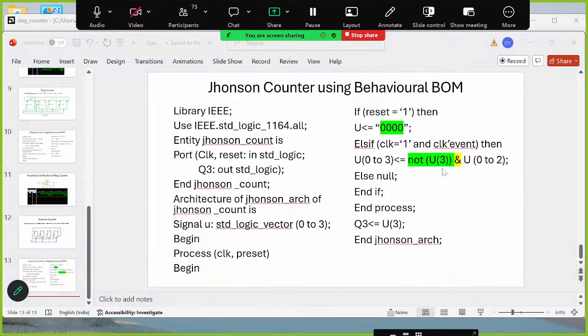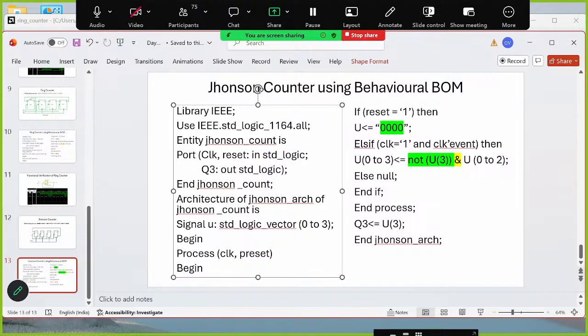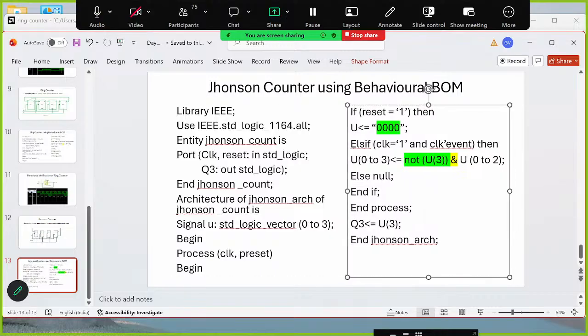I'm assuming that all are listening carefully, and at the end of this course all will be experts in digital electronics as well as in VHDL at least. You only need practice, the basic concepts and the practice. Am I right?